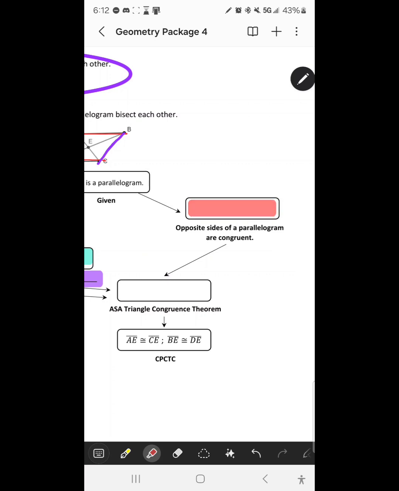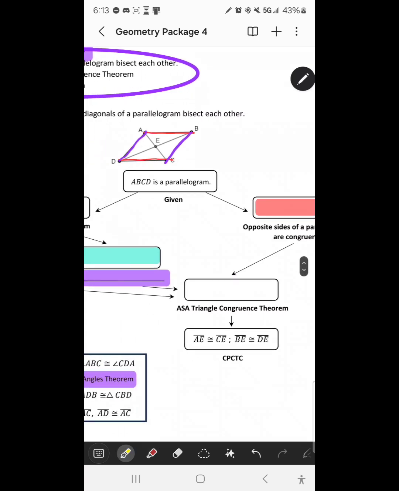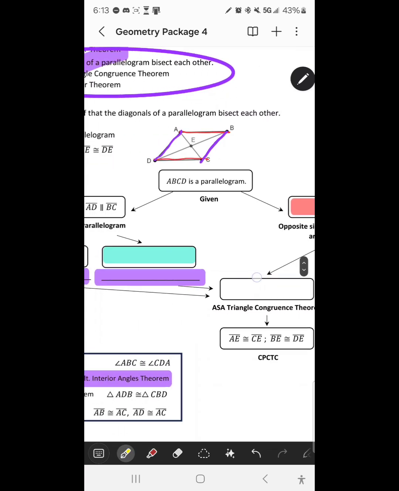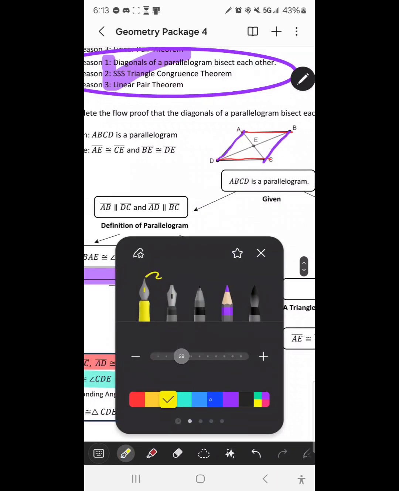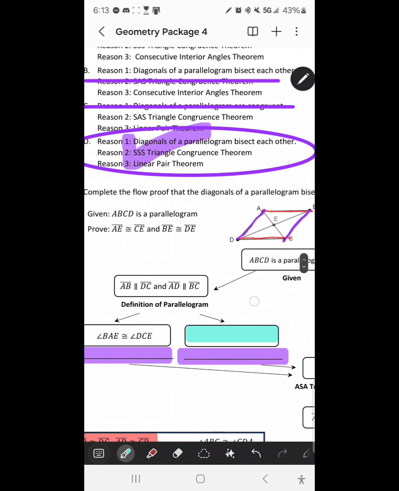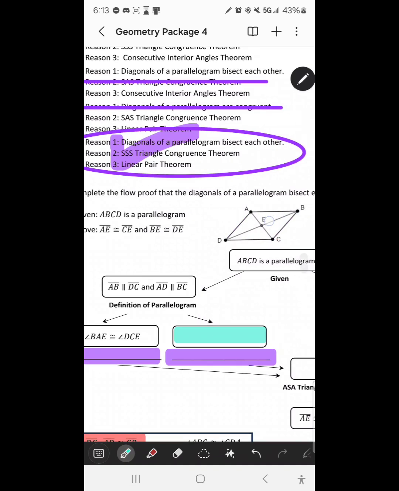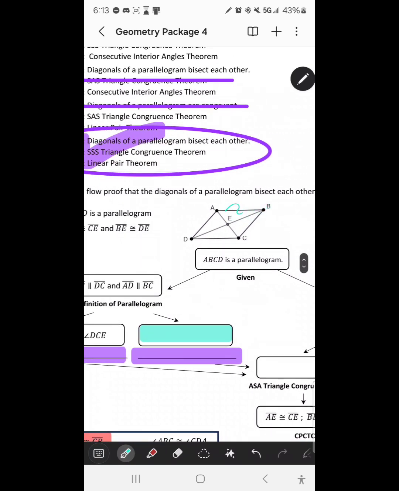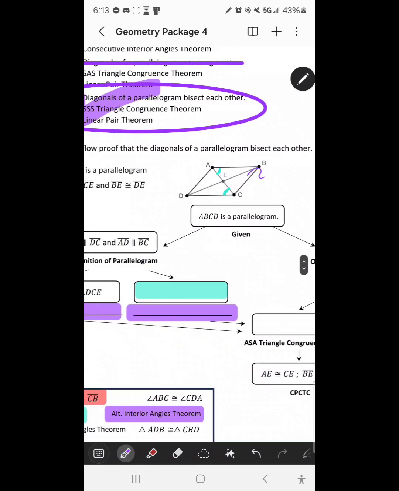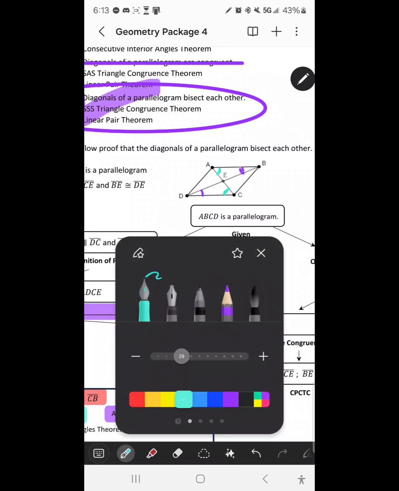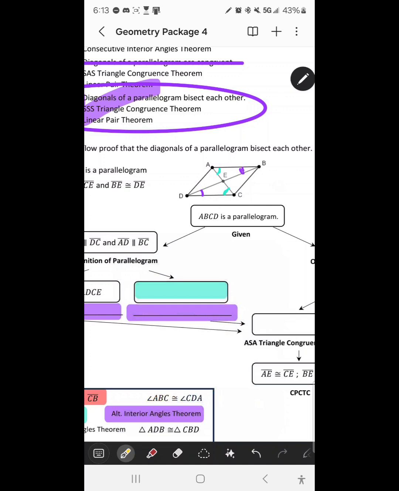Now I'm looking for the ASA triangle congruence theorem. So ASA, what we know. Let me put in there what we know. We know angle BAE is congruent to this one, and we know this angle is congruent to this angle, and we also know this side is congruent to this side.